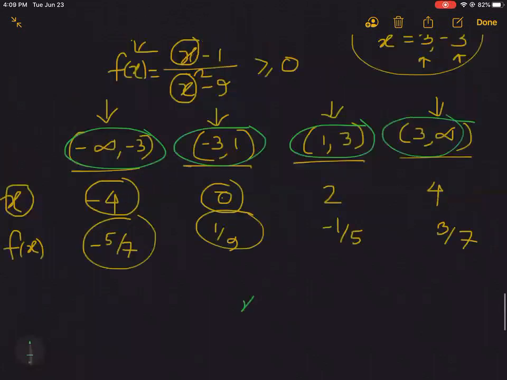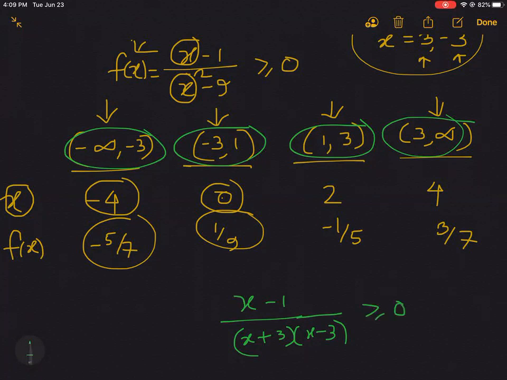Our inequality had 3 terms, okay? And it strictly wants us to get the values 0 or more, right? The final, or the resulting value.